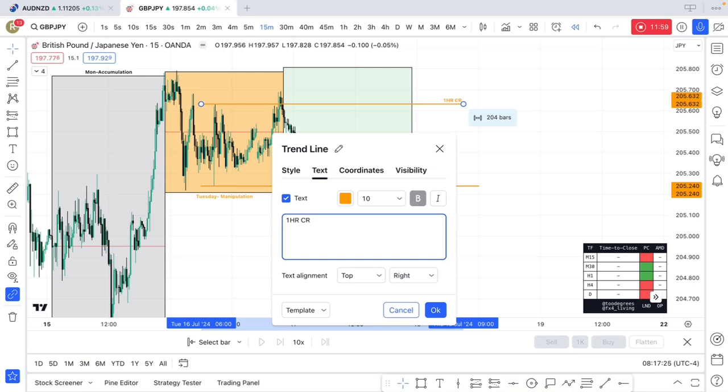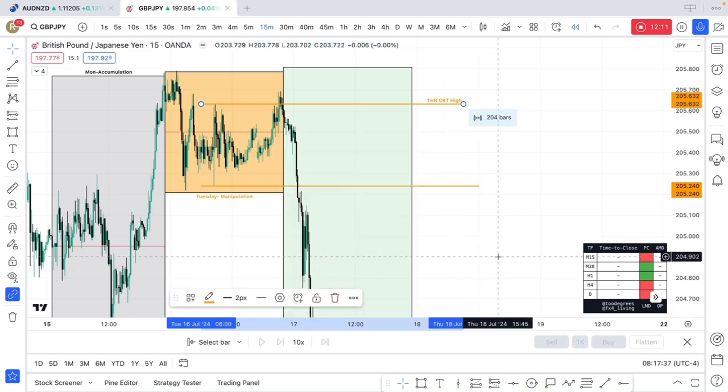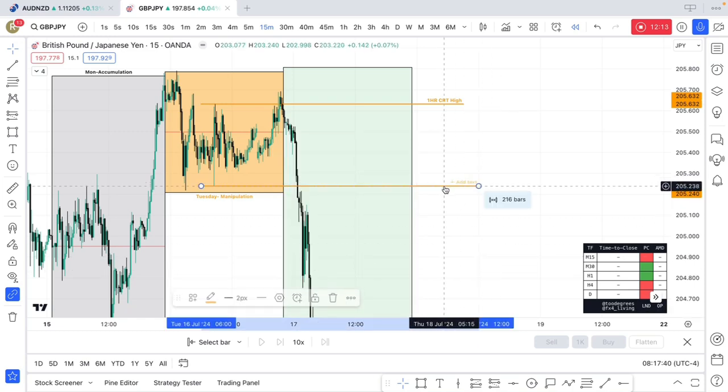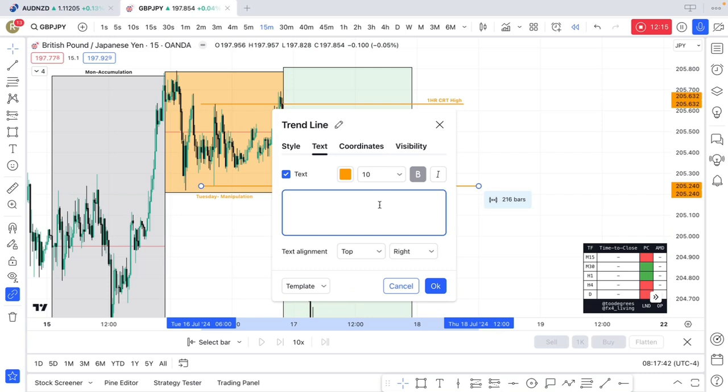Candle range theory high. And I'm going to look at the 1 hour CRT low.